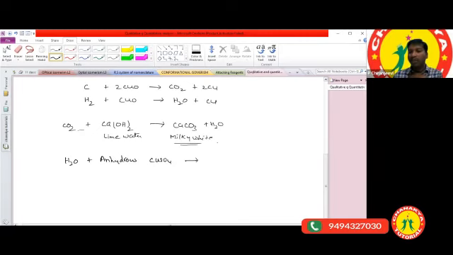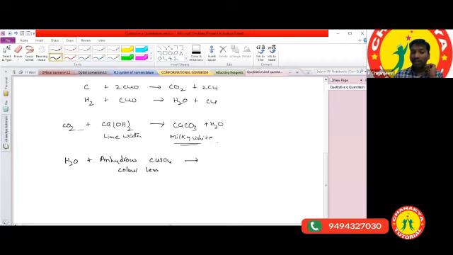Okay, the aqueous solution of copper sulfate is in blue color. When it is blue, it is in hydrated form. In anhydrous form, it is colorless crystals. It is a colorless crystalline solid.